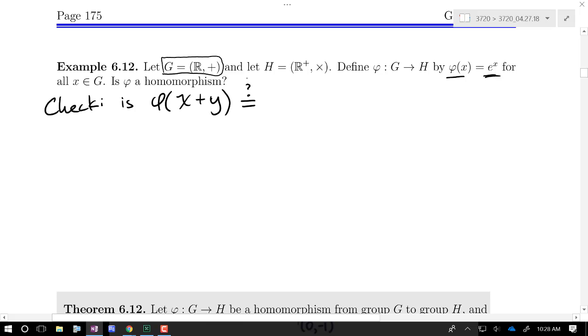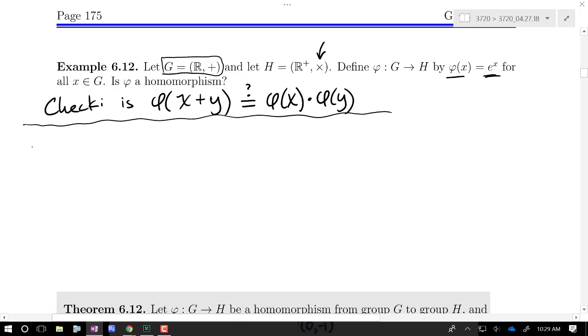Is this equal to our other, the group H, the operation is multiplication, so is this equal to phi of x times phi of y?